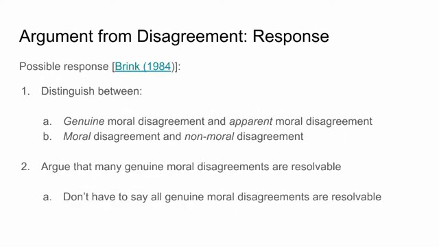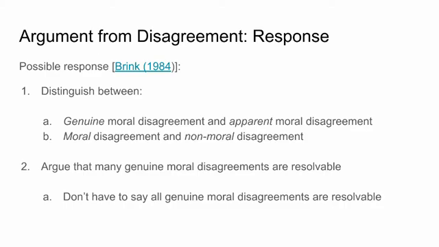So there is a response that can be made to this, and here I'm going to outline in very general terms an argument made by David O. Brink a couple years after Mackie's book came out. We can start this argument, and I'll dig into it more in the following slides, by distinguishing between genuine moral disagreement and merely apparent moral disagreement, and then distinguishing between what is actually moral disagreement versus what seems to be moral disagreement but is actually non-moral disagreement.